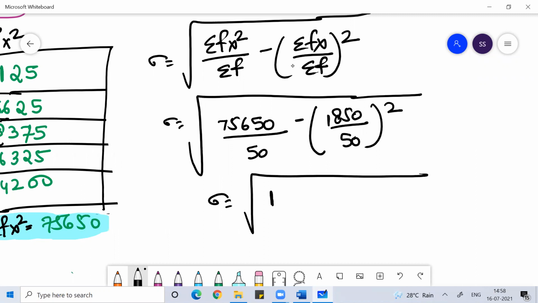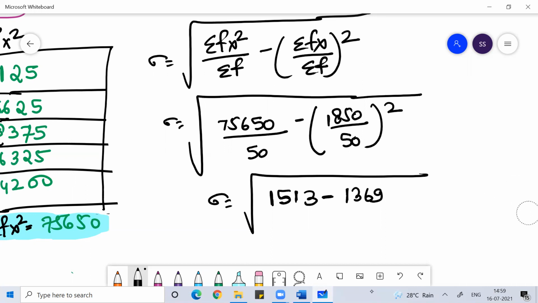That would be 125 means 5, 1, 115, 130, 1513. So 1513 minus this, what was it, 37? 37 square is what, 1369, right? 37 square is 1369, correct.